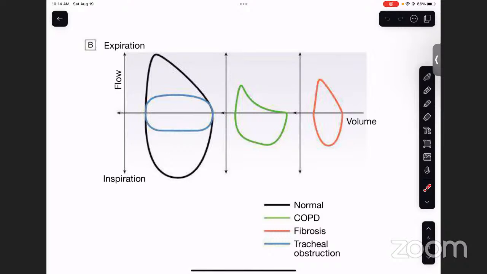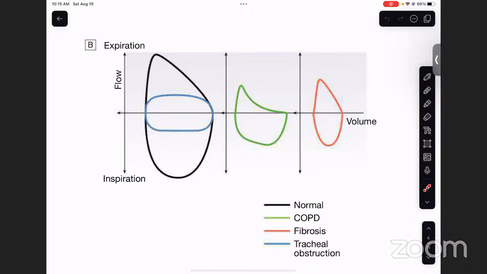Okay, and then this is obstructive airway disease like COPD. In COPD, there will be air trapping in our lungs, in our alveoli, so there will be a prolonged expiratory phase, and the curve will show like that. In fibrotic lung conditions, there will be a reduction in our lung volumes, and the curve will be shown like that.